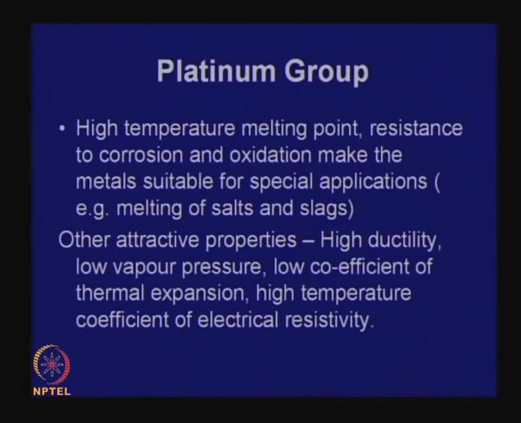Now, all these properties are exploited in various applications, and you know that for temperature measurements, platinum, rhodium thermocouples are so very commonly used. They can go to very high temperatures, and they are just the right materials for making thermocouples.